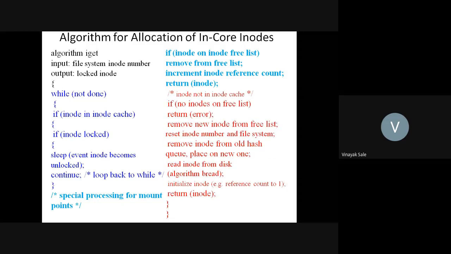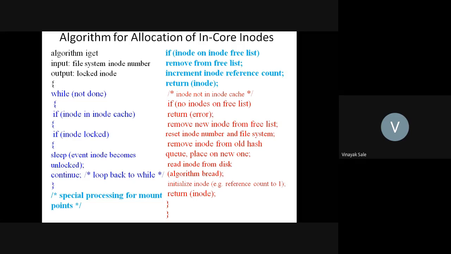If there is no inode on the free list, the free list is empty. Otherwise, remove a new inode from the free list, reset the inode number and file system, remove the inode from the old hash queue, and place it on the new hash queue.